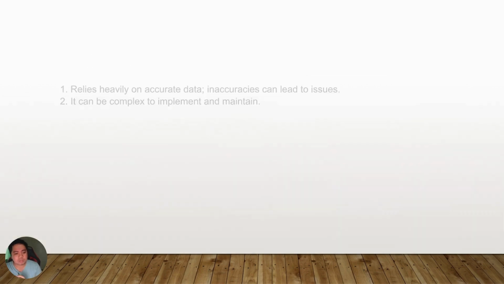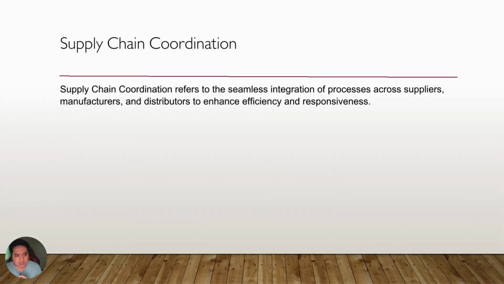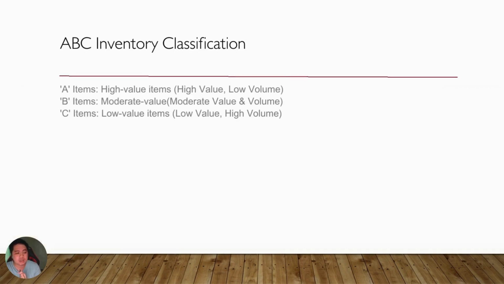So let's go to supply chain coordination. What is supply chain coordination? It refers to the seamless integration of processes across suppliers, manufacturers, and distributors to enhance efficiency and responsiveness. Another topic that was introduced is the ABC inventory classification, wherein A stands for the high value items, which are high value and low volume.